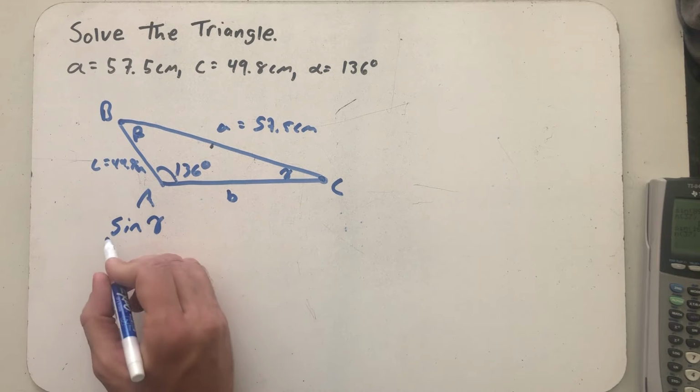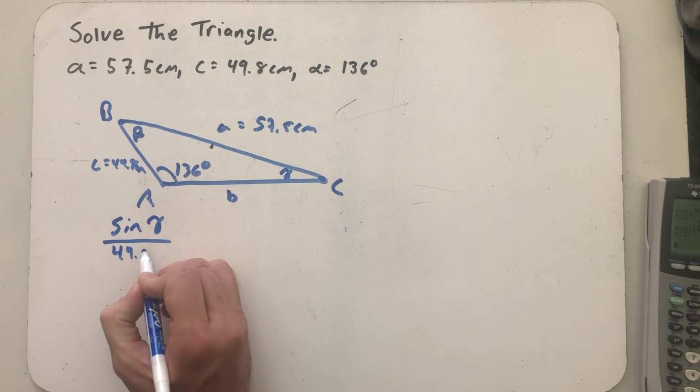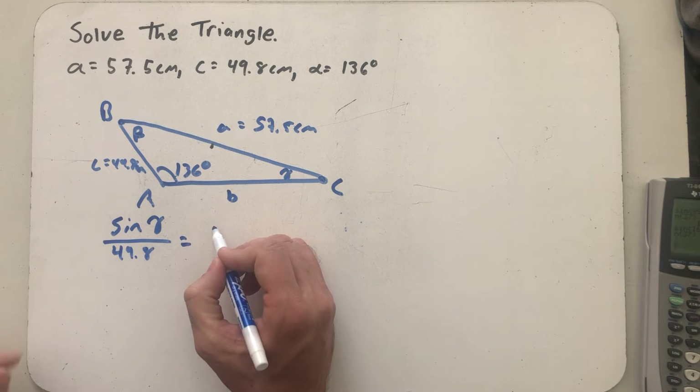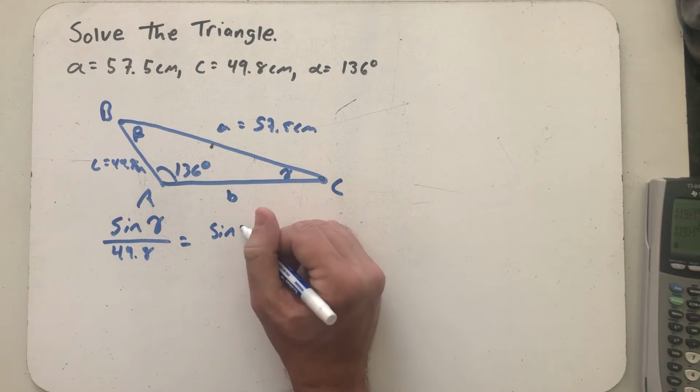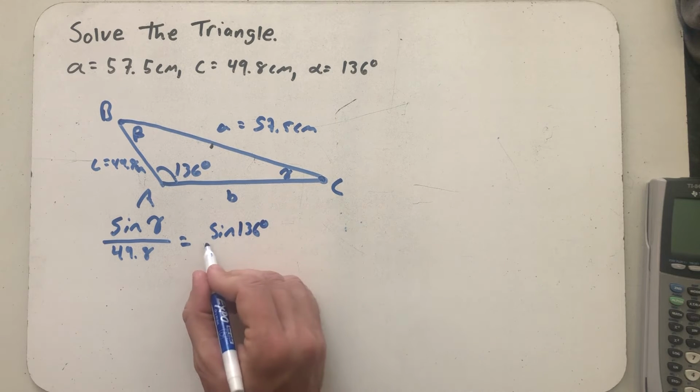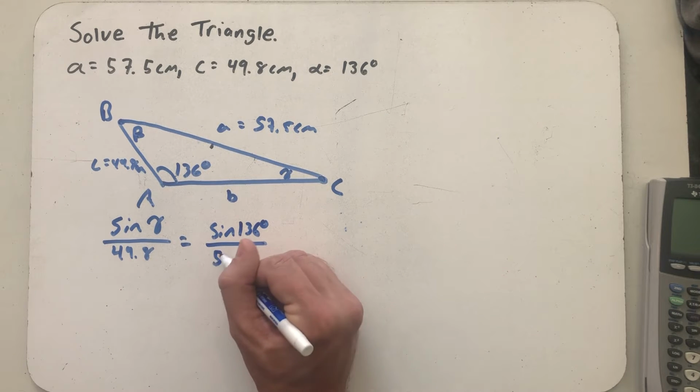So sine of gamma divided by 49.8 centimeters is equal to the sine of my 136 degree angle over 57.5 centimeters.